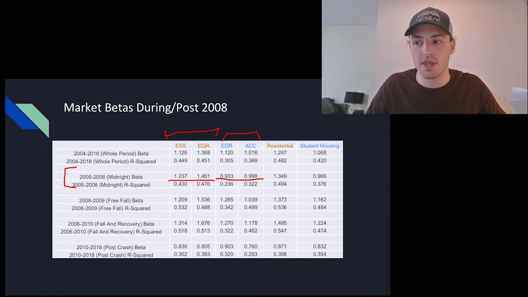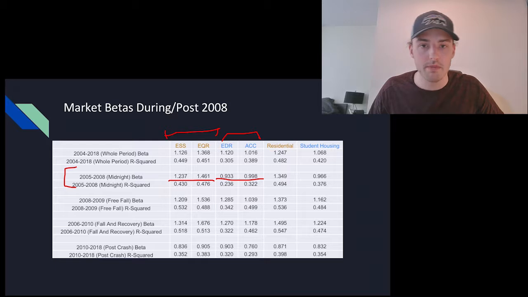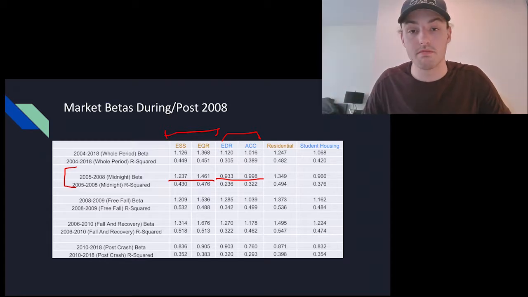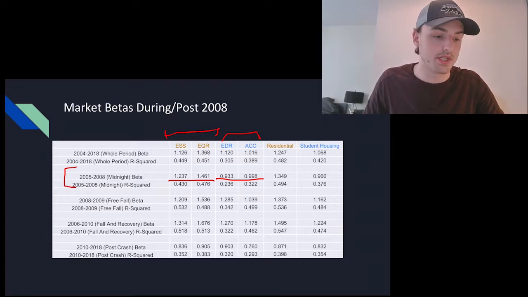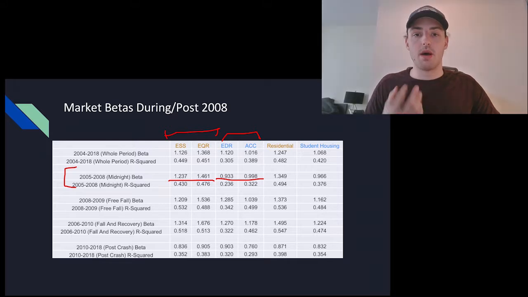The idea is Vancouver's a hot market, so we're pricing based on precedence. Buddy down the street bought his place for $1 million, so this place now has to be 1.01 million or something along those lines. At the end of the day, you're pricing real estate based on what's going on in the market rather than the actual incomes coming off the properties.